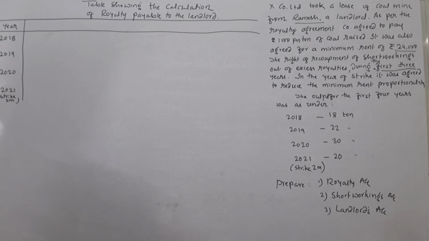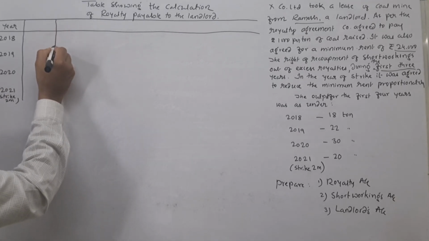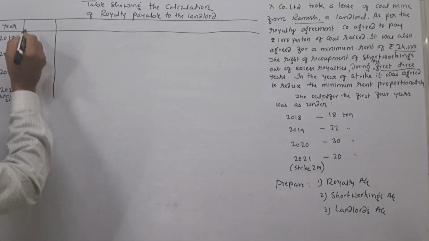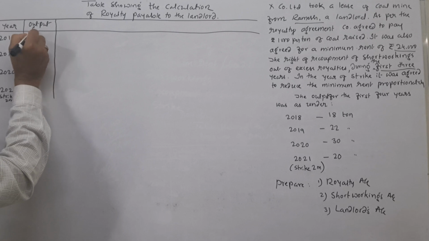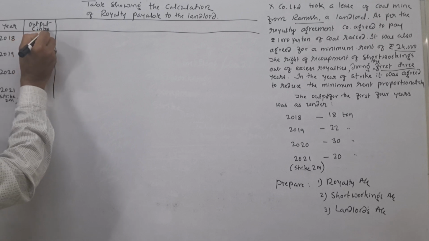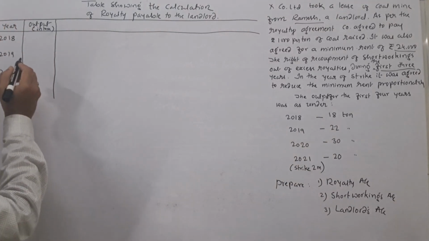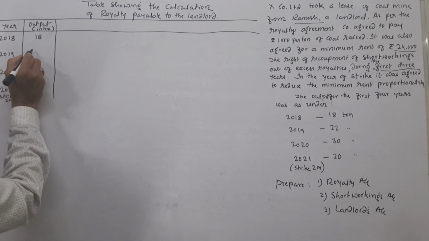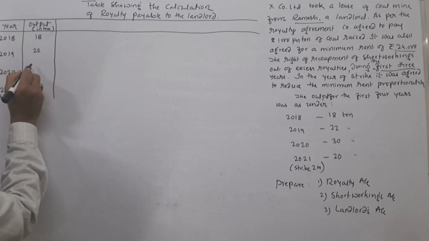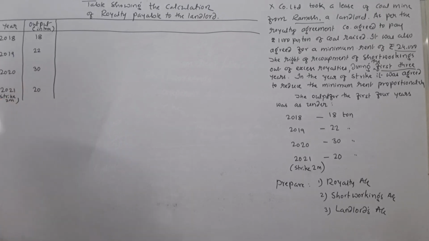Next one is output column. Here I have to write output. In the bracket, you write in tons. Here output is given. How many tons of coal was extracted? That I am going to write here. 18, 22, 30 and 20.